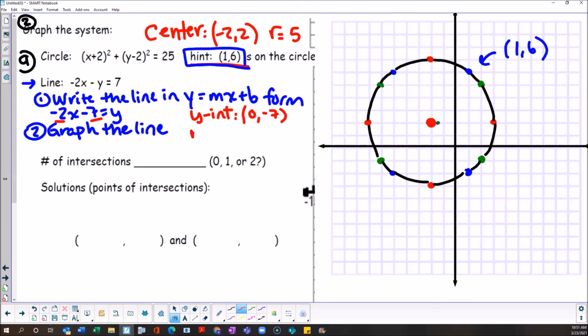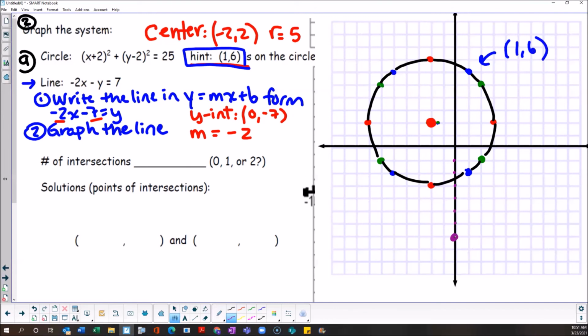And then the slope is negative 2. So if I start at 0, negative 7, I'll make my line circle. So 0, negative 7, that's my y-intercept.